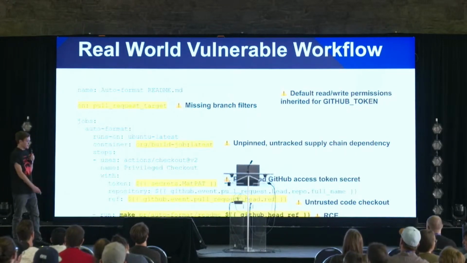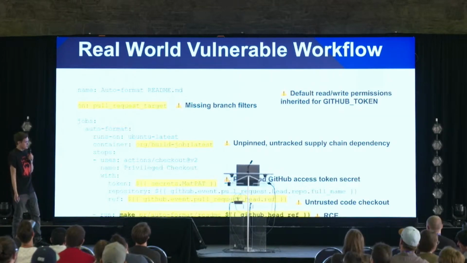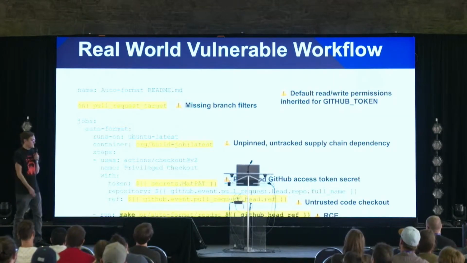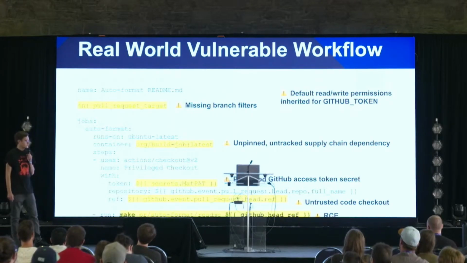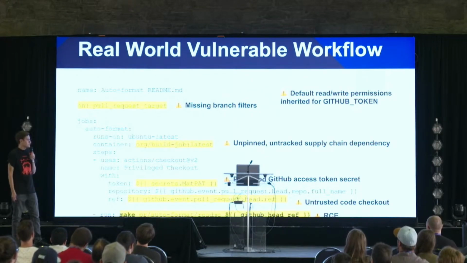So in this case, at the bottom, there's a call to make. So if you run make on untrusted changes, it will load the Makefile. It will run any command you want. That's not great. Or you may be embedding user input into the bash script that is executed down there. And there's another set of problems in here, like we mentioned untracked supply chain dependencies, so you can use containers.